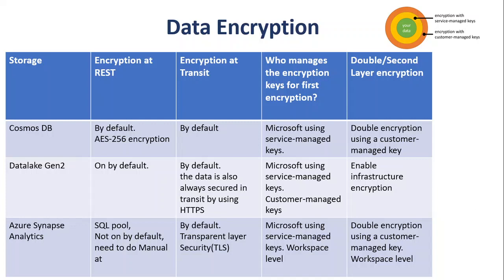It could be in Key Vault, it could be in the data center, depending on whether they want to do the encryption on the client side or the server side. But the main thing is that encryption at rest and in transit is by default. We can't turn it off, and it is managed by Microsoft using service managed keys. But if you want, we can do a double encryption using a customer managed key.